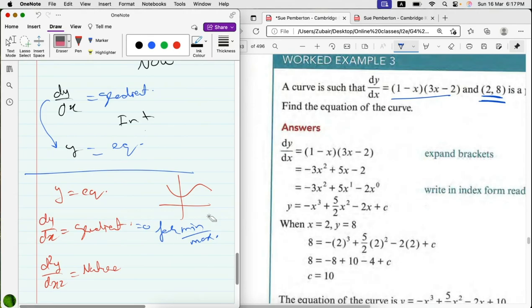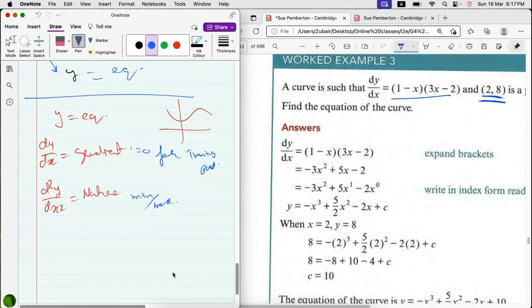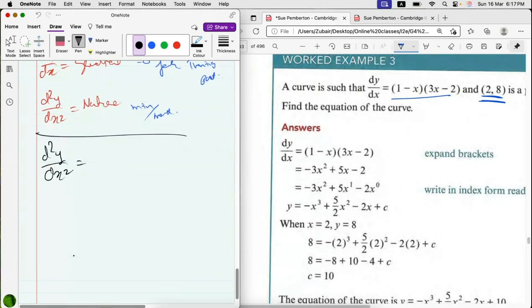My bad, this was for the turning point, and this was for minimum and maximum. Remember? Now, similarly, the nature was minimum or maximum, and the gradient was equal to 0. If you are given the double derivative, you integrate it once.